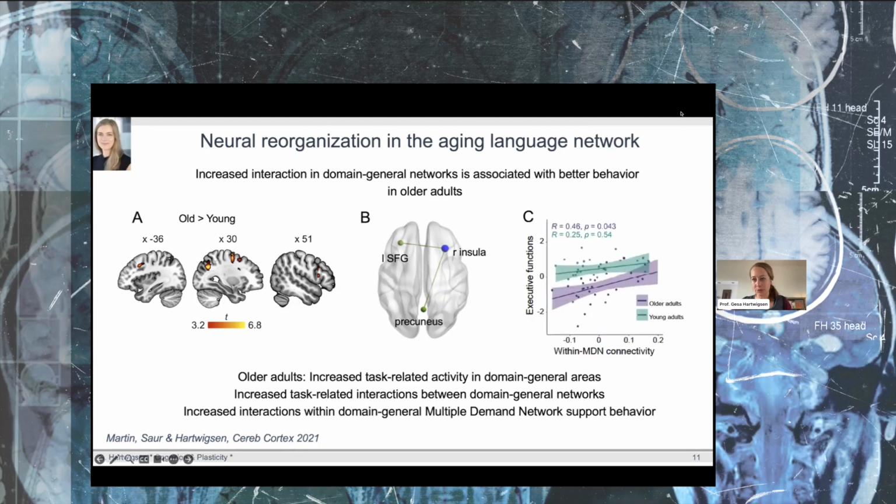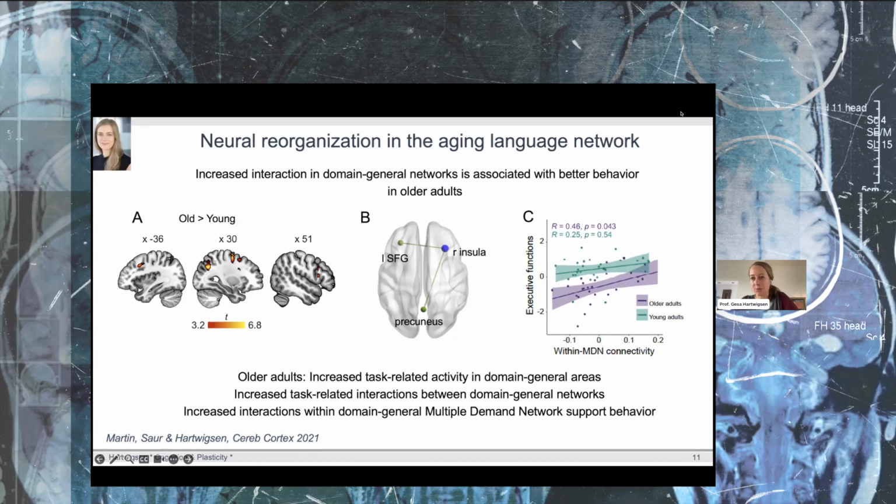And finally, we see that increased interaction within the domain general multiple demand network, so this network for cognitive control, is associated with overall better executive functions. So this gives us a clue that some of the changes that we see, so more contributions of the domain general networks in aging brains, seem to be associated with also better executive performance.